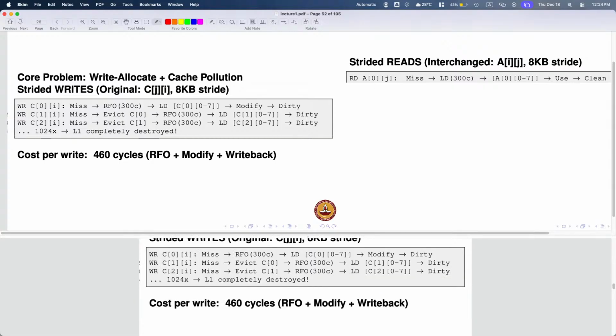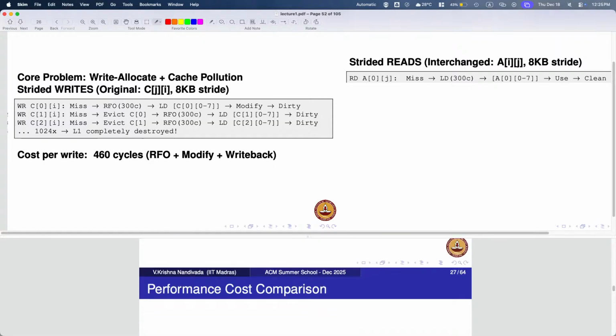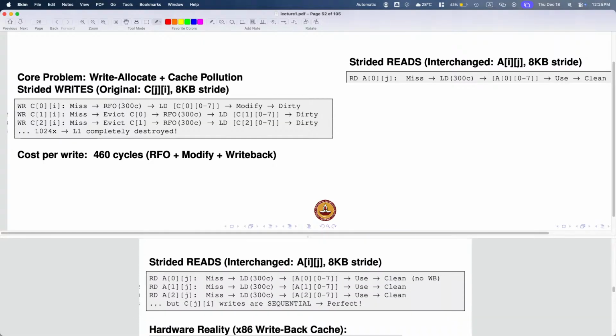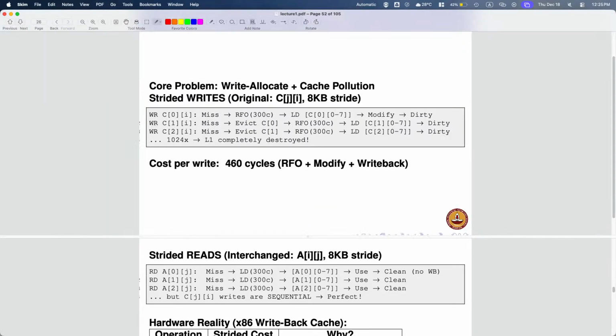Okay, yeah, so you can see the cost of writes in one place and the cost of reads. Yeah, so this is the cost of writes, the cost of reads. Take a look. So I can do it on a single page. Yeah.